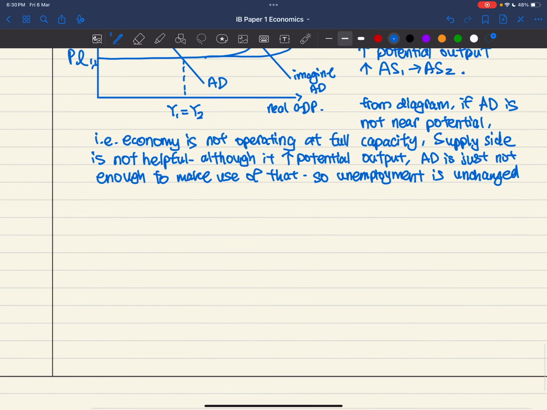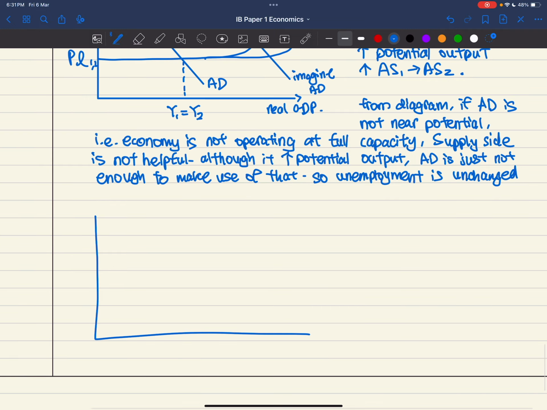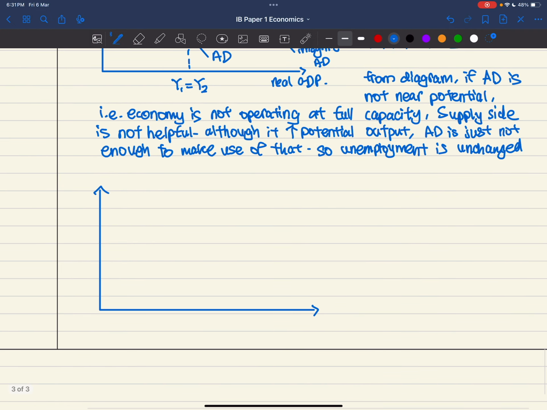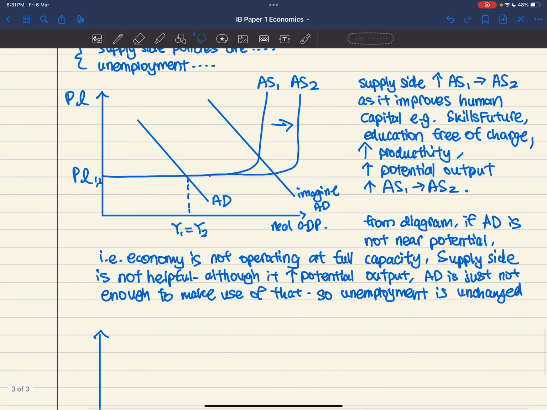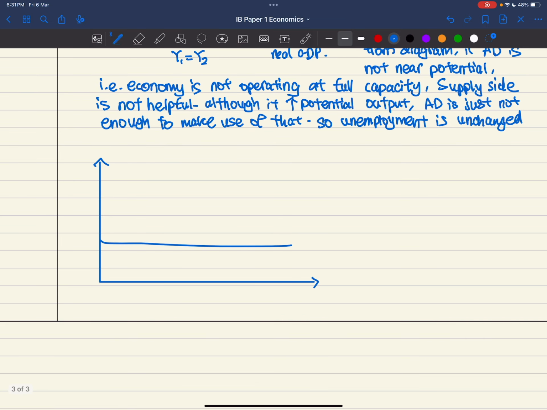Now we can do fiscal. We can draw another graph. For fiscal, we can also use this graph, but we don't move the AS for now. So AD, what does fiscal do? It just increases AD, right? So AD1, AD2. Can you see where I'm going with this?